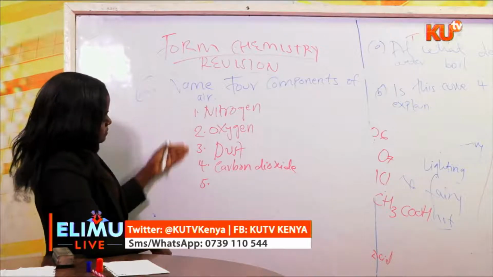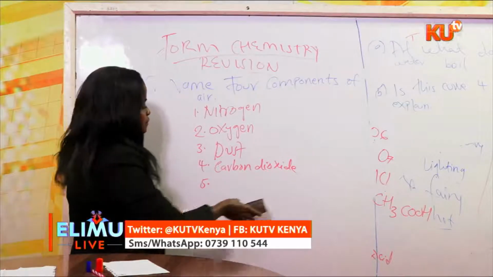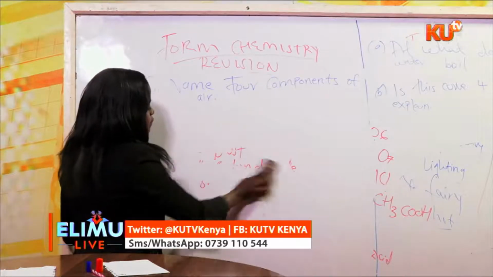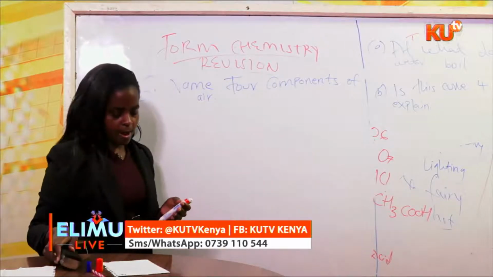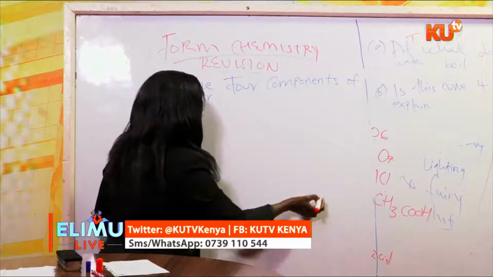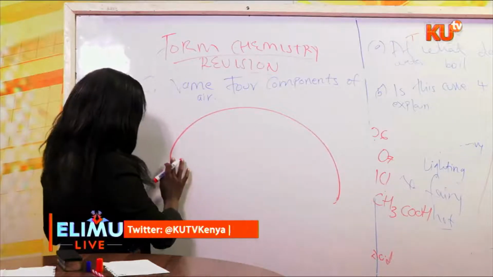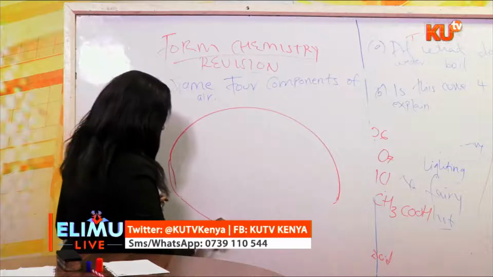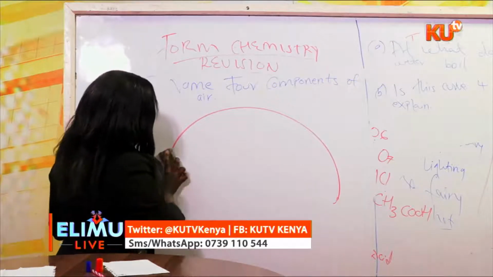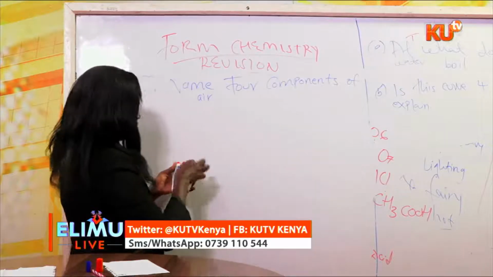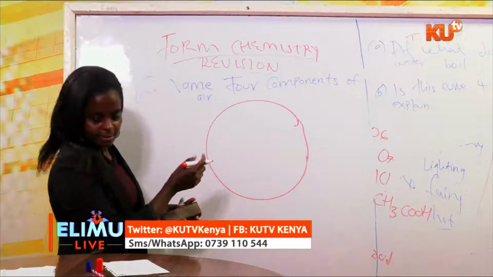So these are the components. In an exam, it's handy to be prepared for being asked for more than 4. Now maybe I can draw a diagrammatic presentation of the components of air. It's supposed to be a circle.